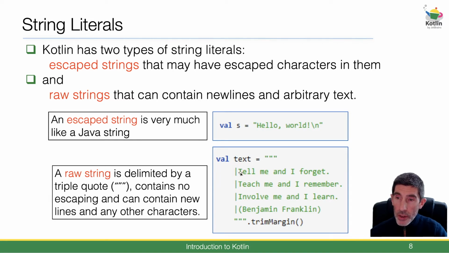We can put it on separate lines. So we have a pipe, tell me and I forget. There's the rest of the text. We have a function call at the bottom there. Just to show you again, dot trimMargin, which we'll talk about on the next slide, but that would be a raw string. Notice there's no \t's or \n's or whatever.